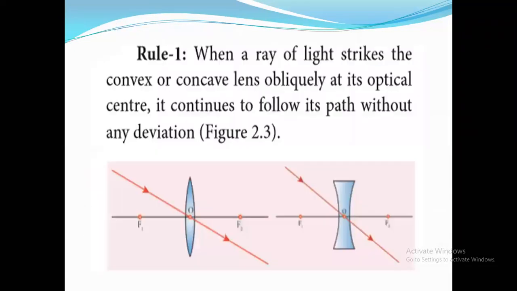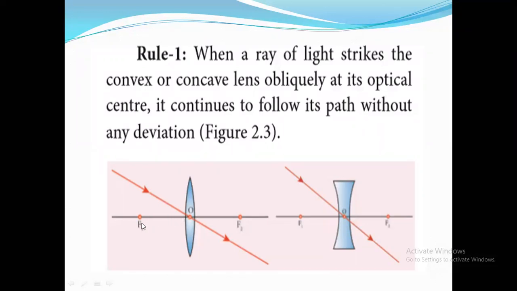What is the first rule? Look at the picture. In the first picture, what is the lens? A convex lens. The next lens is a concave lens. In the first lens, the center point is O, the optical center.